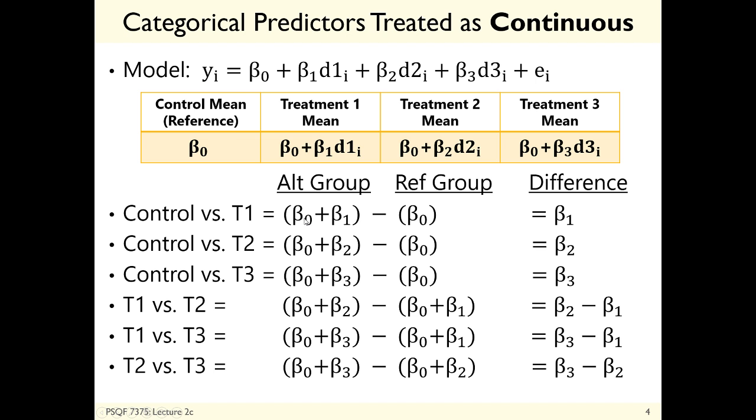So if we know how to get the mean for each group, we know how to get the mean difference for each group. So for instance, treatment group 1 is given by beta 0 plus beta 1. Treatment group 2 is given by beta 0 plus beta 2. So we can subtract those 2 combinations. The intercepts drop out and we're left with beta 2 minus beta 1.